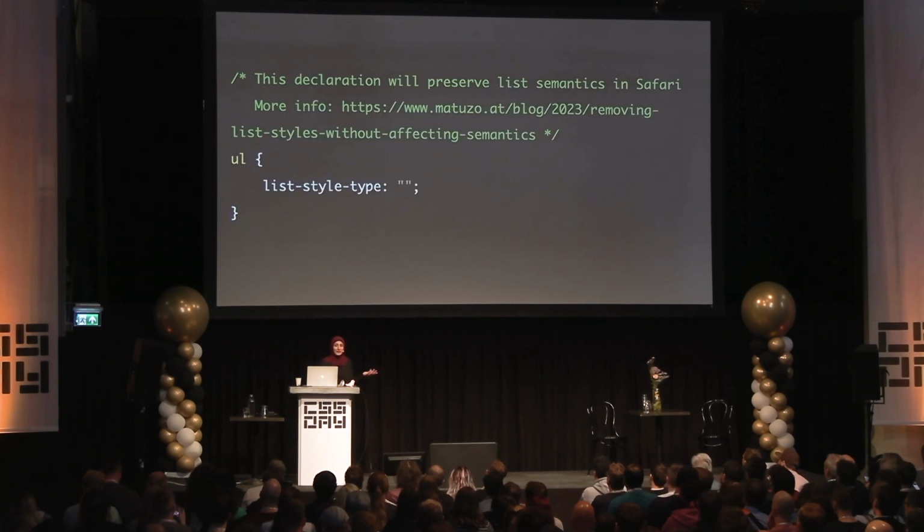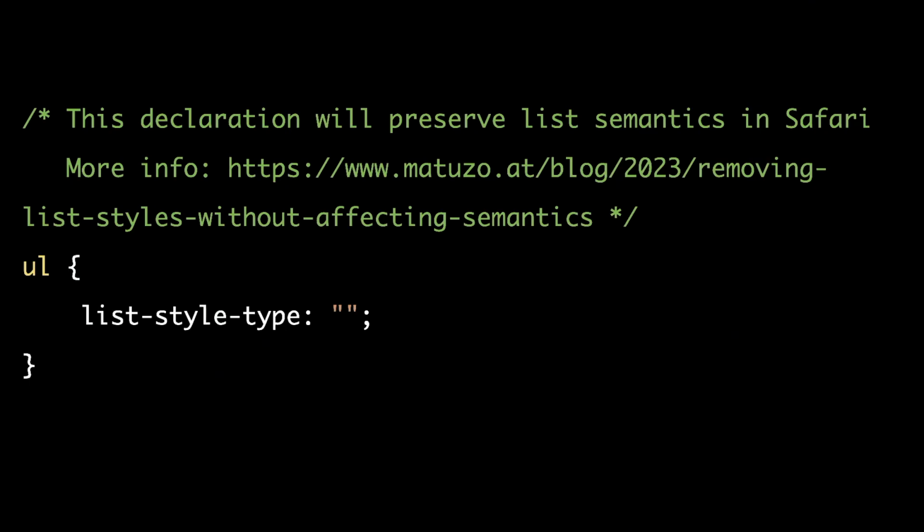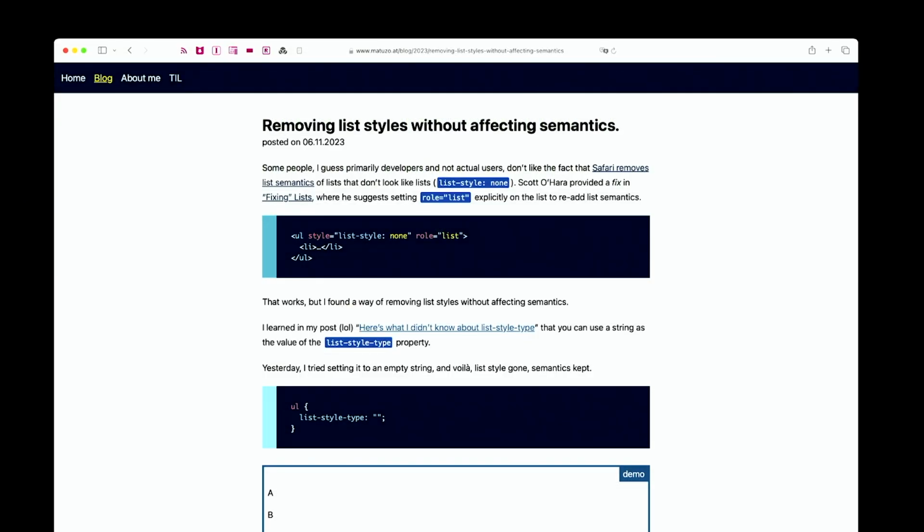Or you could avoid stripping the lists of their semantic roles altogether by using list-style-type instead of list-style and setting it to an empty string. Manuel Matuzovic has shared that using list-style-type with an empty string prevents list semantics from being removed in Safari like list-style none does.